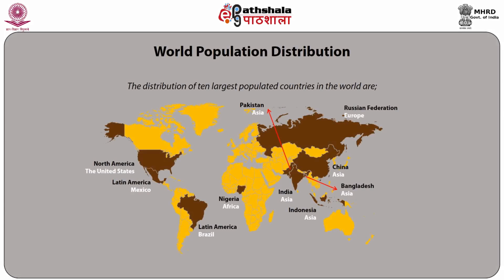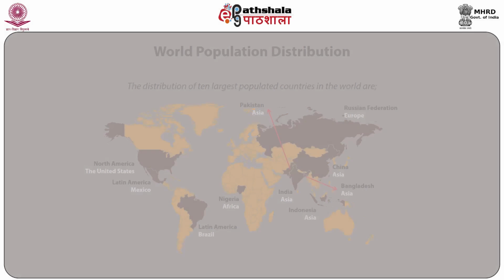The distribution of the 10 largest populated countries in the world is 1 in Africa, Nigeria, 5 in Asia, that is Bangladesh, China, India, Indonesia, and Pakistan, 2 in Latin America, that is Brazil and Mexico, 1 in Northern America, that is United States of America, and 1 in Europe, that is the Russian Federation.